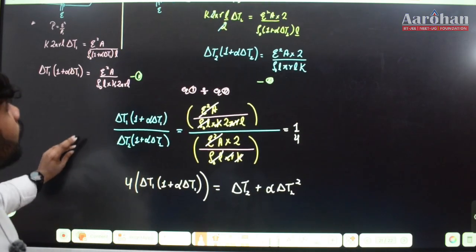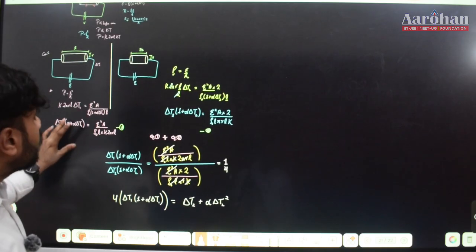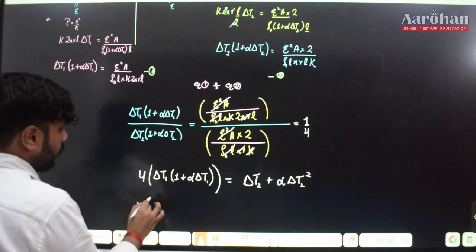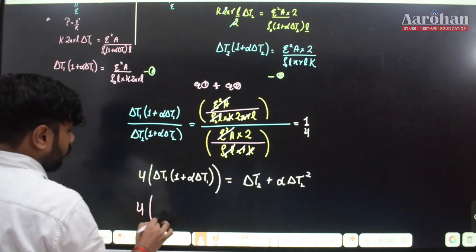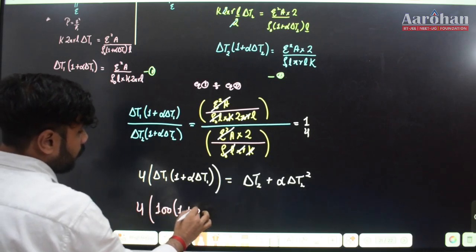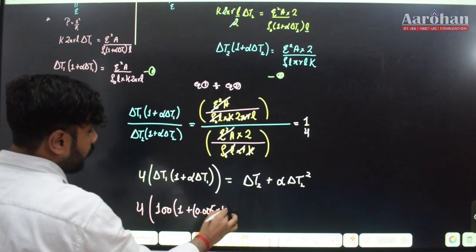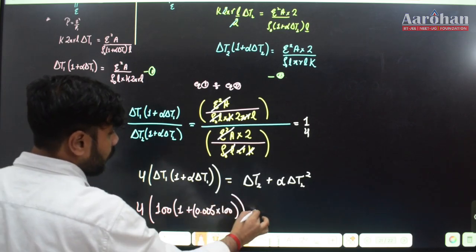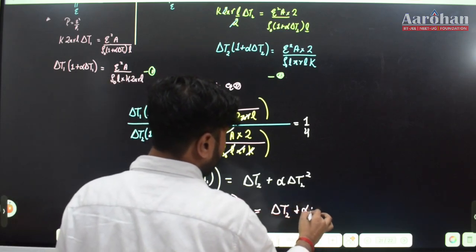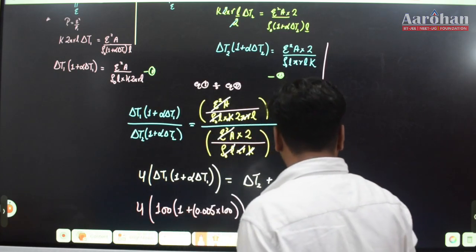Okay. Now, what is the value of delta T1? 100 degrees Celsius, alpha is 0.005. Now, if I substitute, this is 100, this is 1 plus 0.005 times 100, and here we will have delta T2 plus alpha delta T2 square, right?